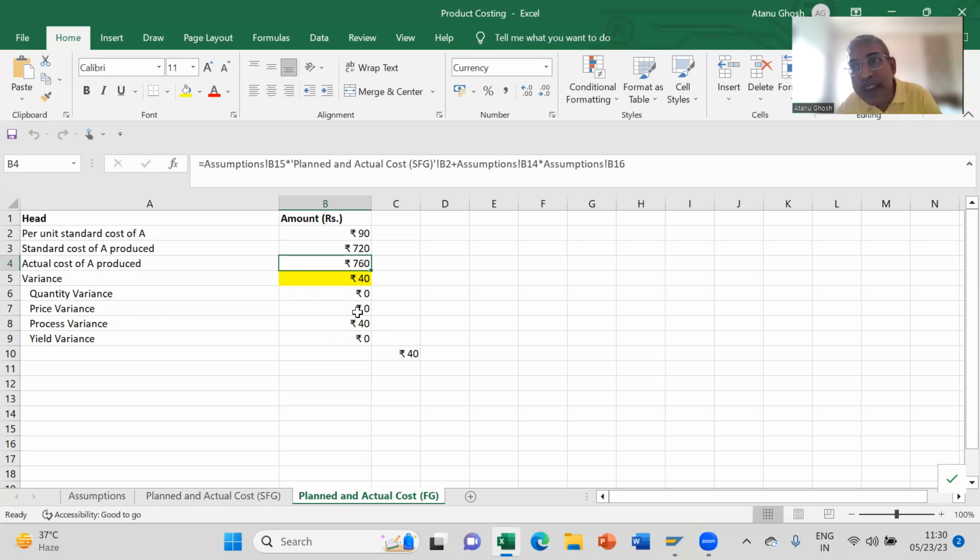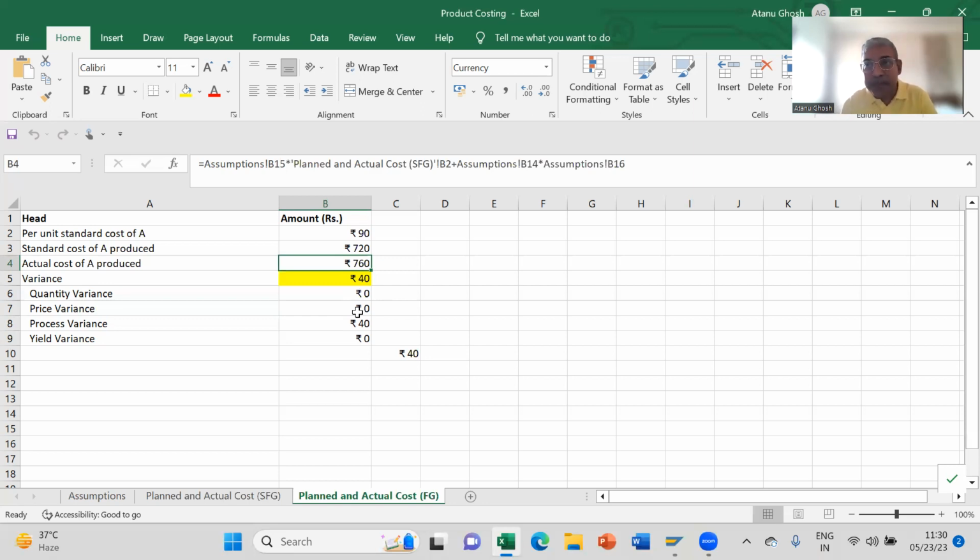Because 194 rupees was the variance of B and we're carrying it forward to A while calculating the cost of input material B at moving average price.